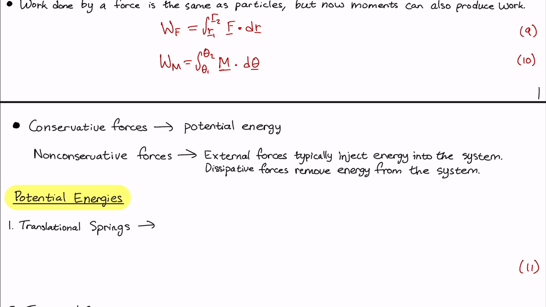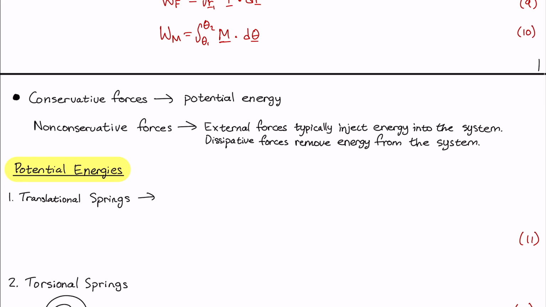Okay, we'll start with translational springs here. So we'll have a spring acting here. I'm just going to measure its position x(t), y(t). In general, this potential energy is still going to be equal to 1/2 k delta squared.